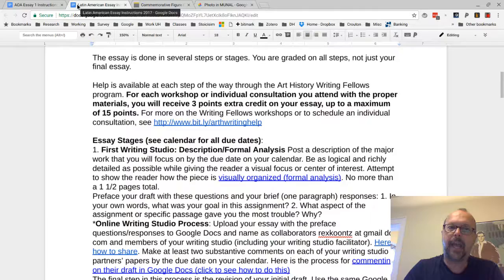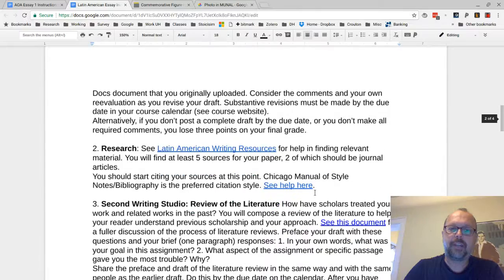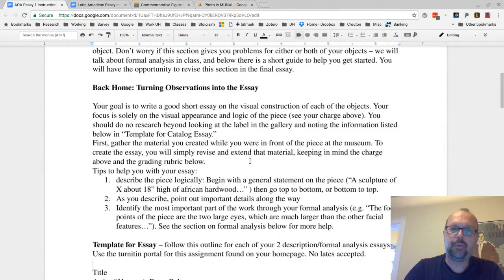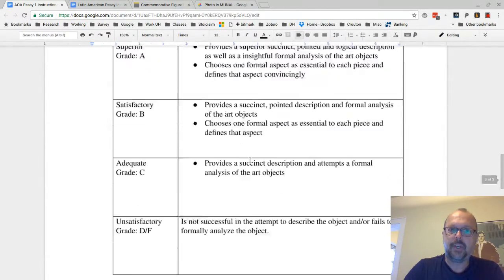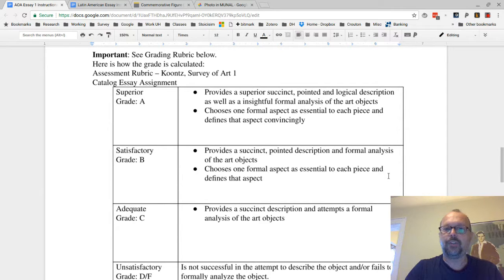And if you look at the rubrics for, well, I'll just take the rubric for AOA because I know where it is. The rubric for this first section, or this first attempt, the description and formal analysis, is basically a logical description. You see that here, as well as an insightful formal analysis.